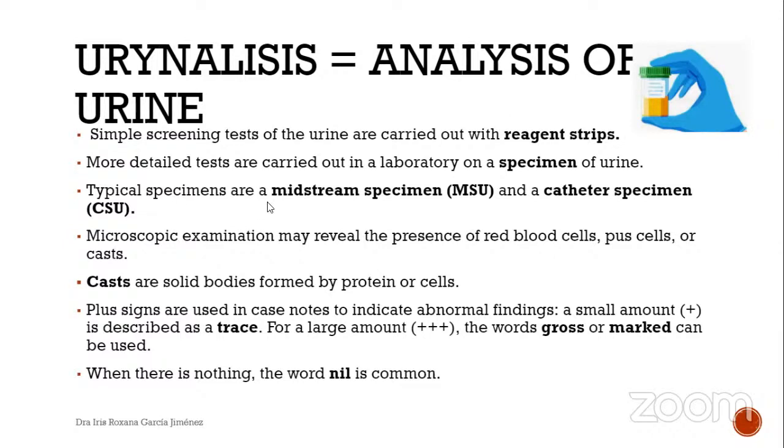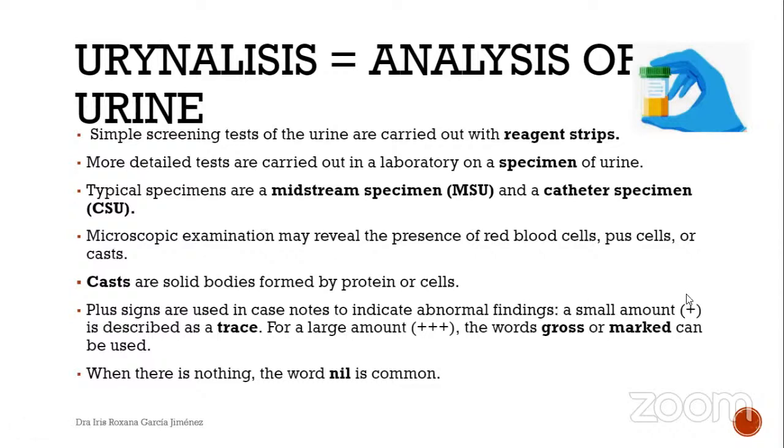Typical specimens are the midstream specimen of urine, MSU, and the catheter specimen of urine, CSU. I mean, the typical sample of urine is taken in the midstream or by a catheter, right?